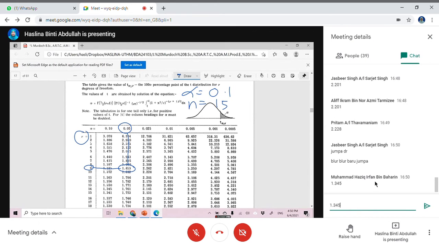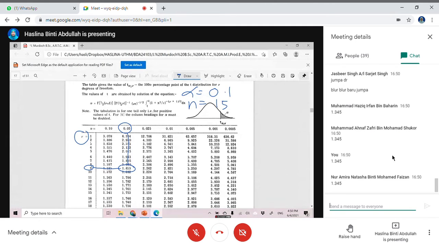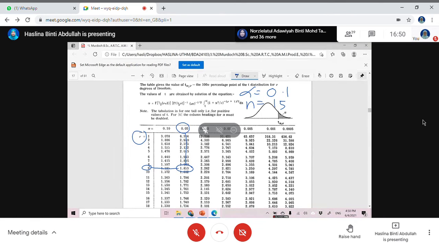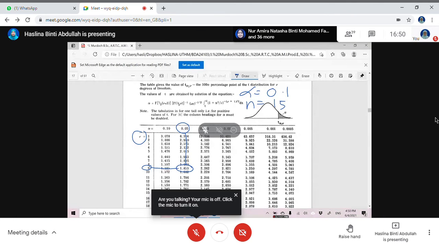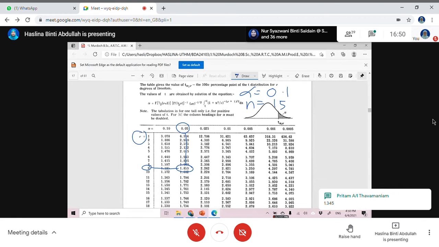Amira Omar, Haziq, 1.3. Ya, doktor. What is the value probability for alpha is equal to 0.1 and is equal to 15? 1.34 1.341. Mana pula orang macam 3.345, 3. Tak tahu. Buat table mana ni? 15 ke 14?